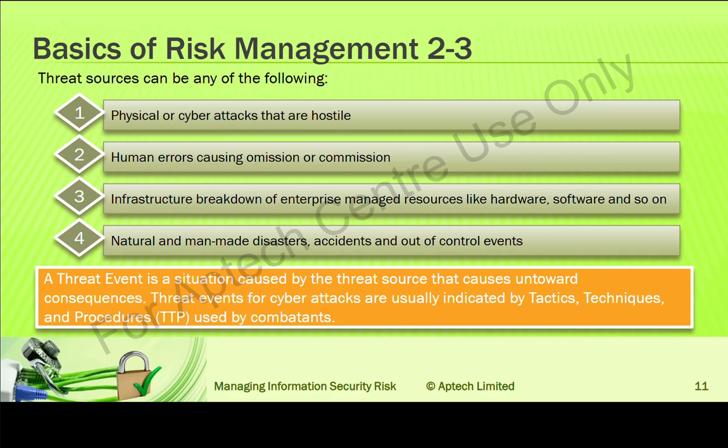Was it not 3 or 4 months ago, in this country, that crocodiles started escaping from the zoo, snakes escaping from the zoo? So these are examples of natural or man-made disaster. This is man-made disaster due to negligence of the federal government. So that's that. A threat event is a situation caused by the threat such that it causes untoward consequence.